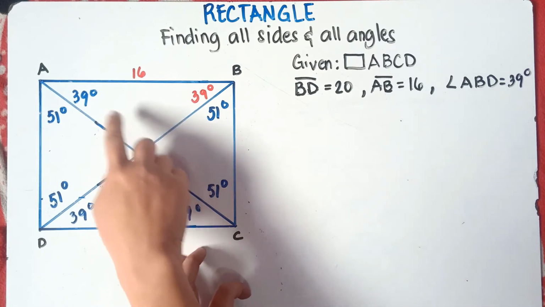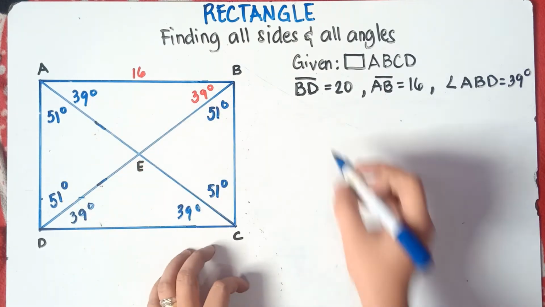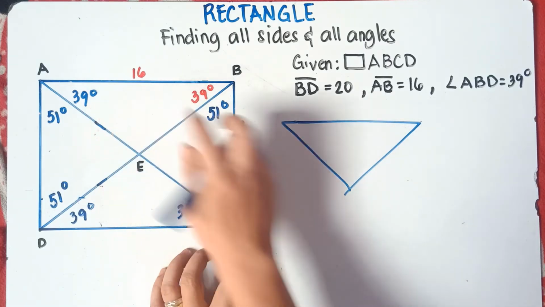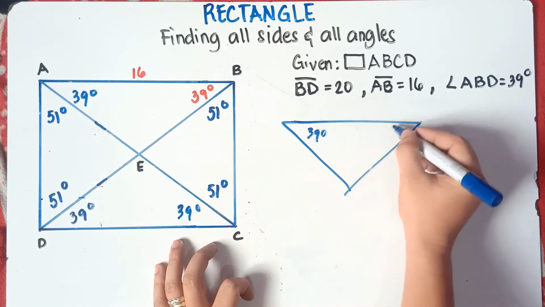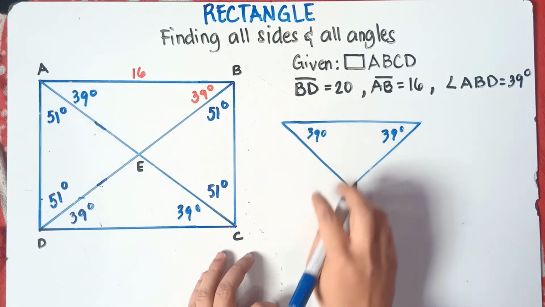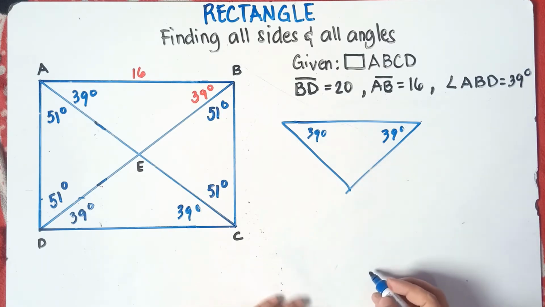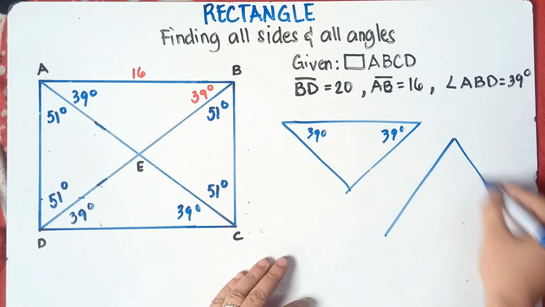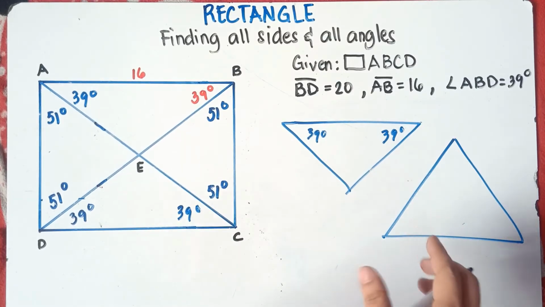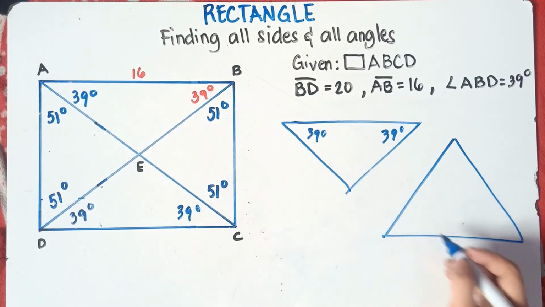So therefore, if this is 39, 39, so to get the measure of this angle, this is 39, 39. And always remember, class, that in a triangle, the sum of interior angles must be 180 degrees. Once again, class, if you have any kind of triangle, the sum of interior angles should be 180 degrees.